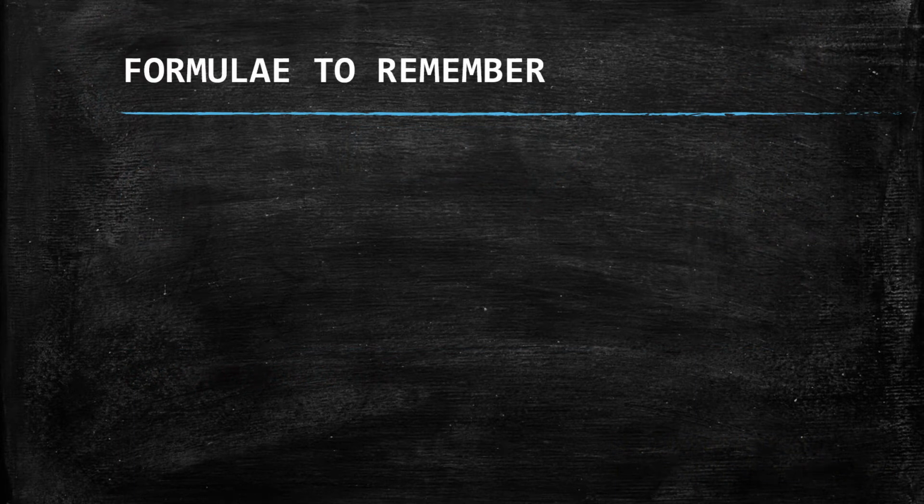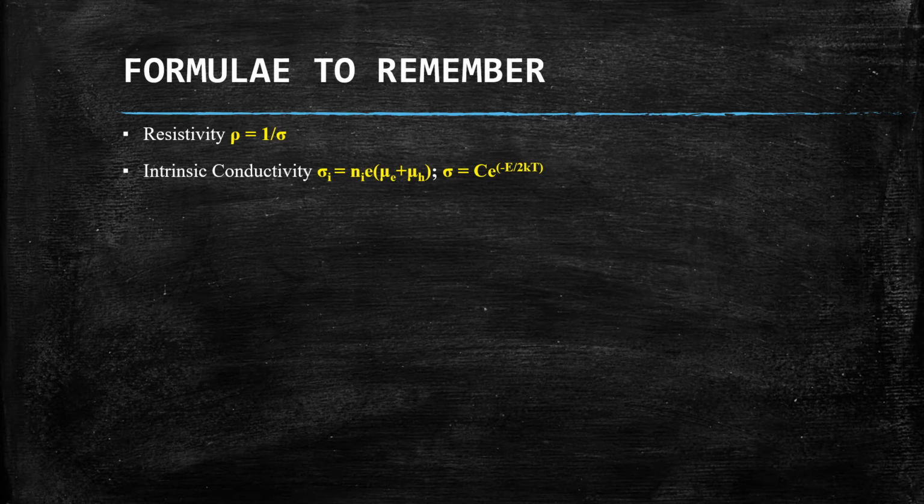Before we proceed to solve problems, let us try to recollect a few formulae which are important to solve these. The first is resistivity, rho, which is inversely proportional to the conductivity sigma. Intrinsic conductivity sigma I is given by Ni e (mu e plus mu h), where Ni is the intrinsic carrier concentration, e the charge of an electron, mu e and mu h being the mobilities of the electron and hole respectively.